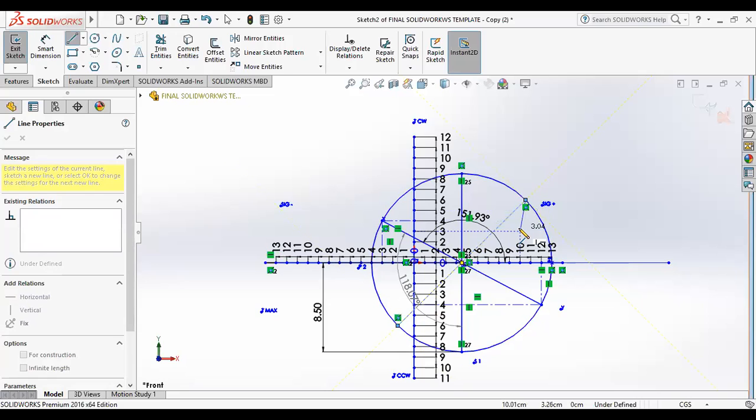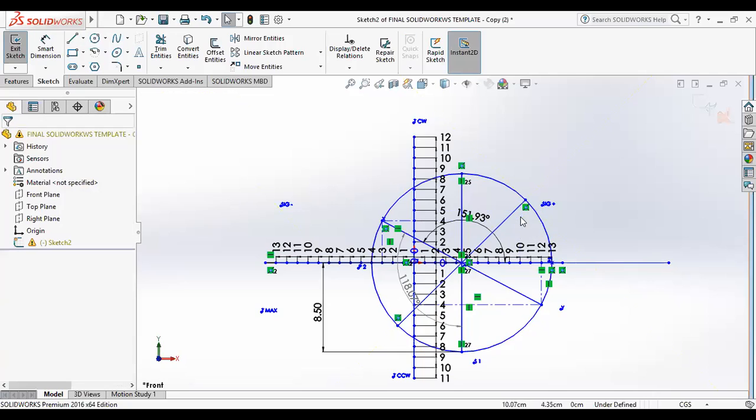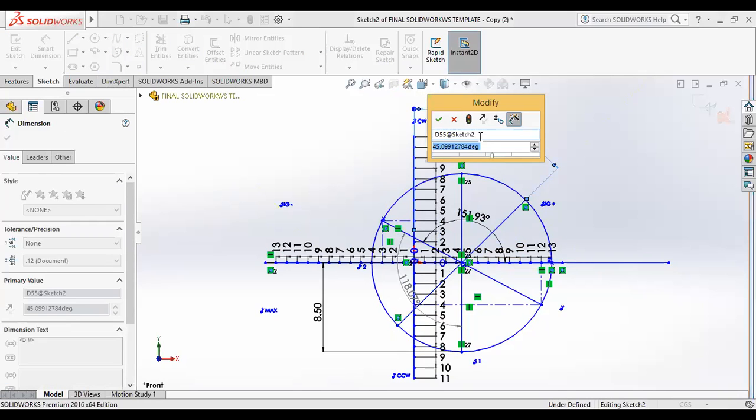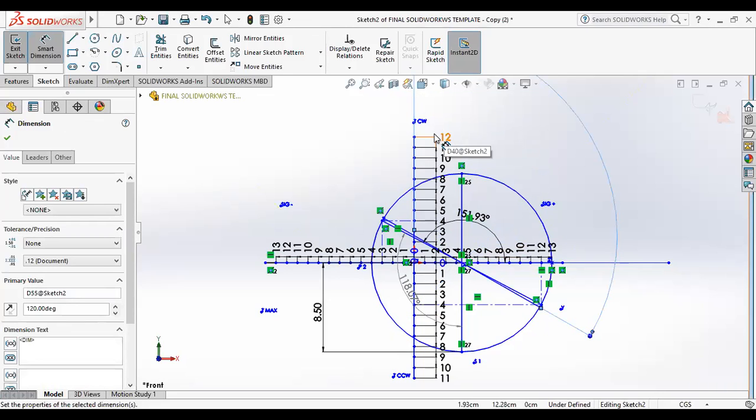I will draw a line, and this angle has to be 120 degrees, from here to this point. Since this is clockwise, I have measured 120 degrees clockwise. Therefore, this comes. Give me a moment.